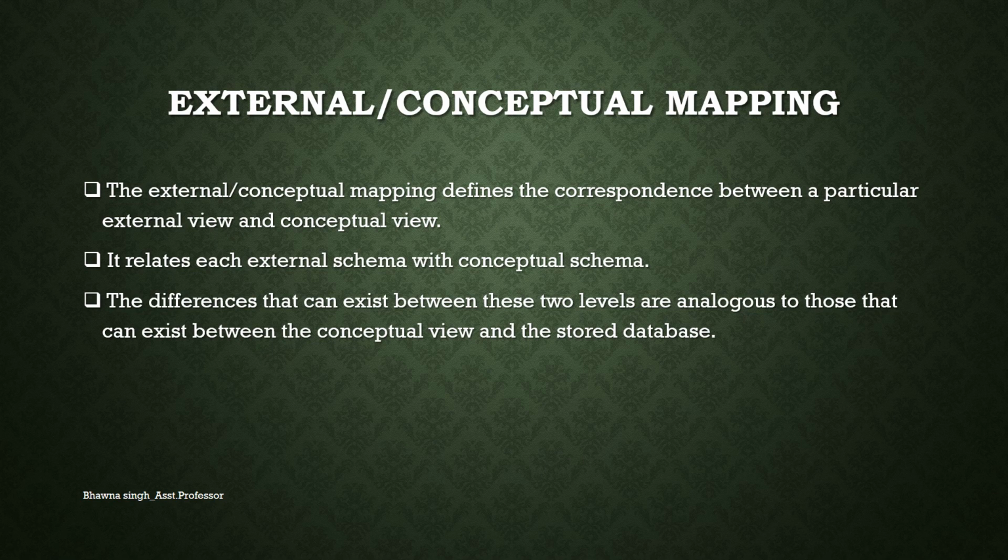That means this external conceptual mapping tells the DBMS which object on the conceptual level corresponds to which object that is requested by a particular user's external view. And if we make any changes to either the external view or the conceptual view, then that mapping must be changed accordingly, in order to provide the integrity of the data and to save the data from damage.